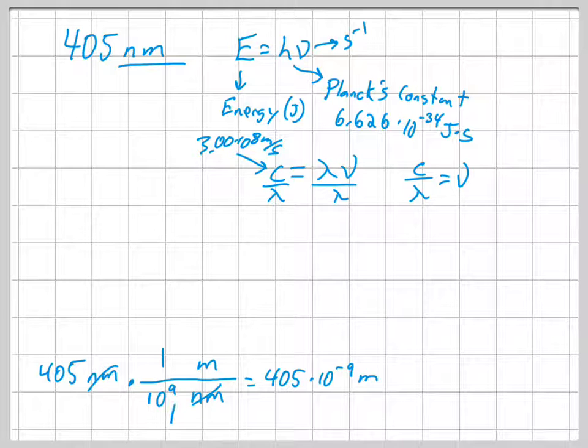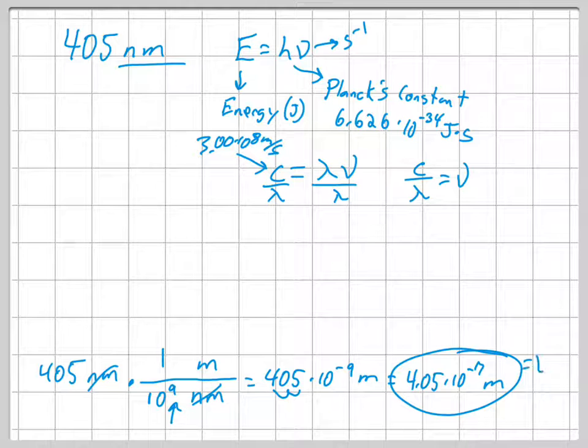You see, the 10 to the 9th is on the bottom, so you get a negative exponent. But that's not proper scientific notation. We need to move that decimal place over 2, so that's going to be 4.05 times 10 to the negative 7 meters. So that is our wavelength in meters.